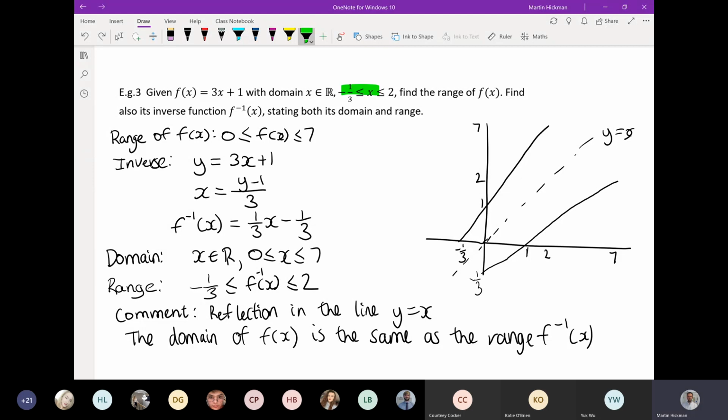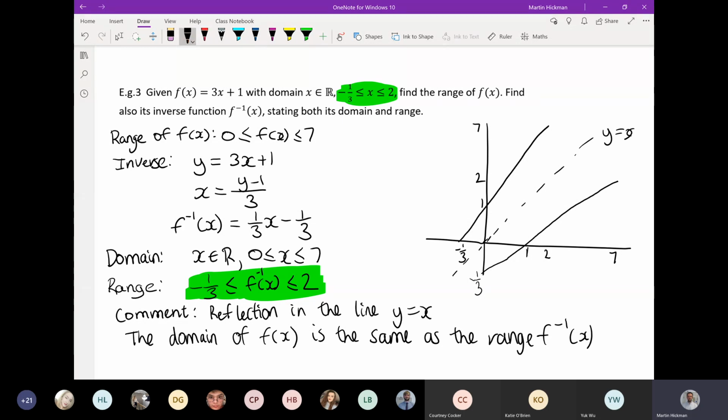So the domain here is the same as the range here. The only thing that's different is the notation. When I'm talking about my domain, I'm always using x. When I talk about the range of the inverse, make sure you put f to the minus 1. Don't just put f of x here. It's really important. That's f to the minus 1.